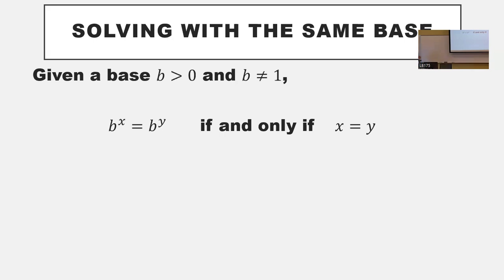And this property says if I take a base raised to the x power and set it equal to that same base raised to the y power, that's going to happen if and only if x and y are the same. As long as my base is greater than 0, not 1. So positive base, not 1, our standard assumptions on any base.